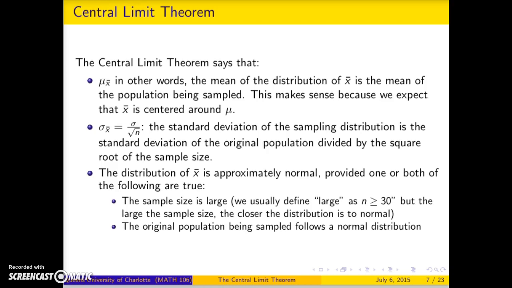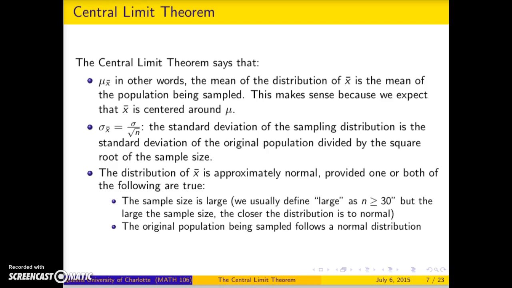And it's smaller by a factor of square root of n. So if asked to find sigma sub x bar, you just need to find sigma and divide it by the square root of the sample size.